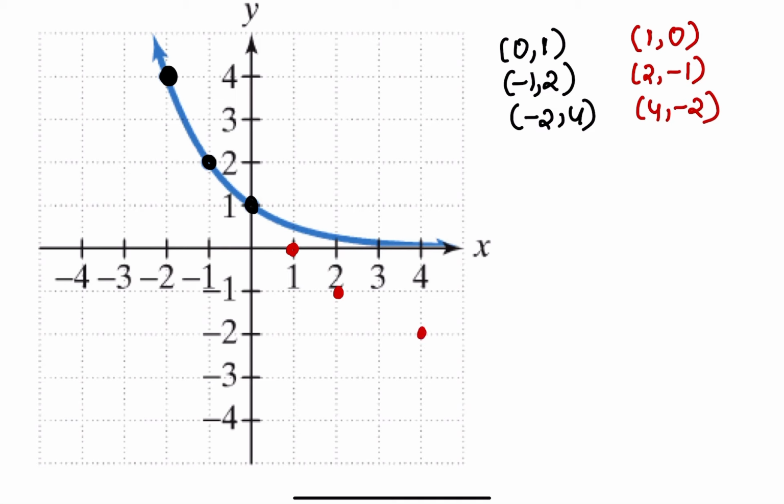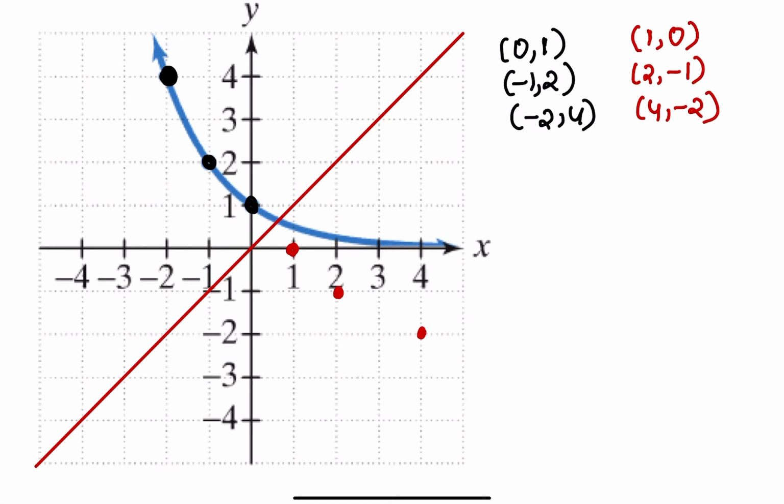So how do I draw that? That's why you always need your reference line, y is equal to x. Remember, how do you draw the line y is equal to x? Simply when x is 1, y is 1, x is 2, y is 2, x is 3, y is 3, x is 4, y is 4. And how am I flipping this one? Let me use a different color.